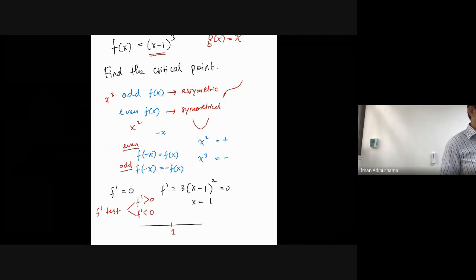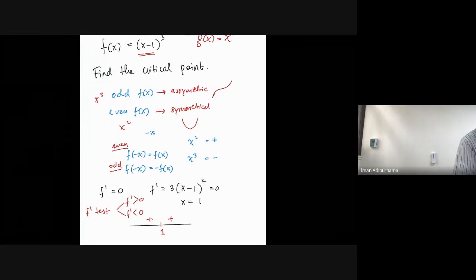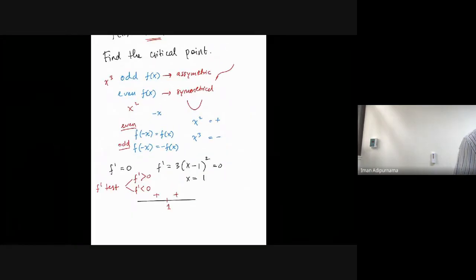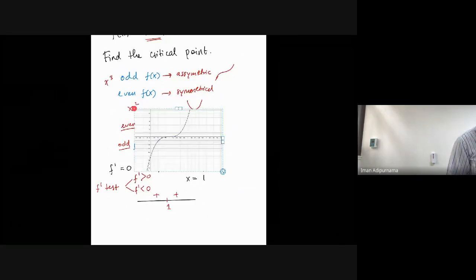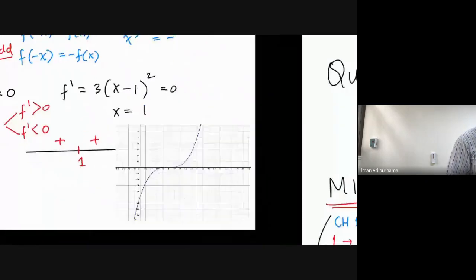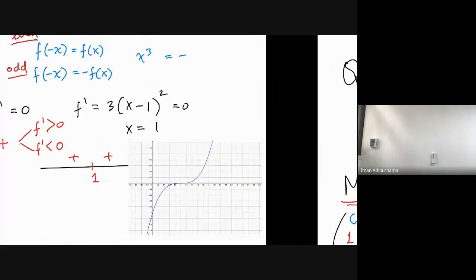Check whether f prime is greater than 0 or f prime is less than 0. If you check with any number less than 1 and greater than 1, we will find this is actually keeping the same sign, right? And if we see the graph and imagine the x cube, I will just give you the graph. Okay, this is the graph. So if you see the graph, it's going up and it's still going up, right?